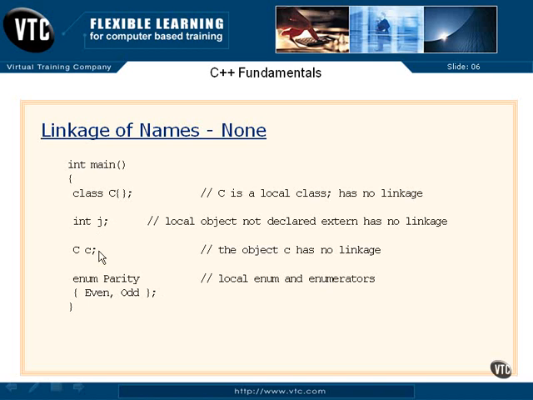Here's the class. We're making a new one called C, no linkage, no reference outside. Here's another local enum. This is called parity, even and odd. There's the end of main. So we see that this enumerated value is created inside of main, and we can't peek in there from the other translation units, so it has no linkage as well.